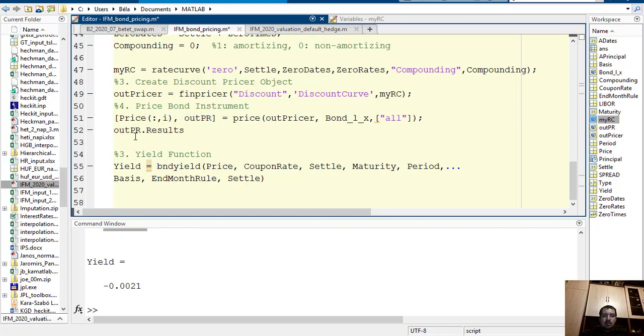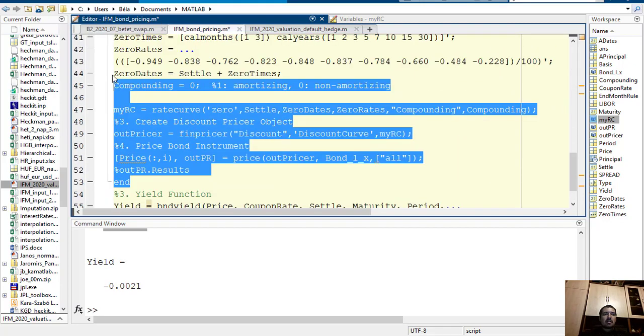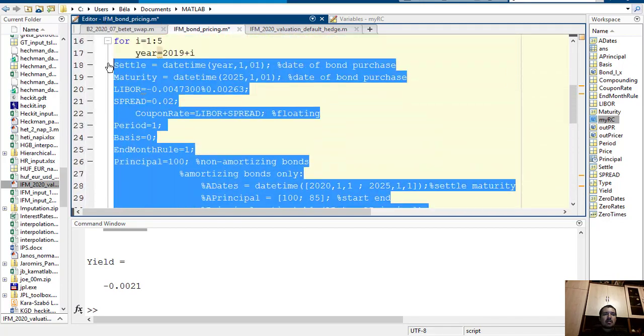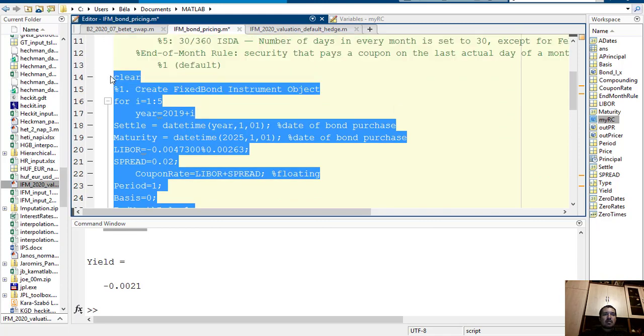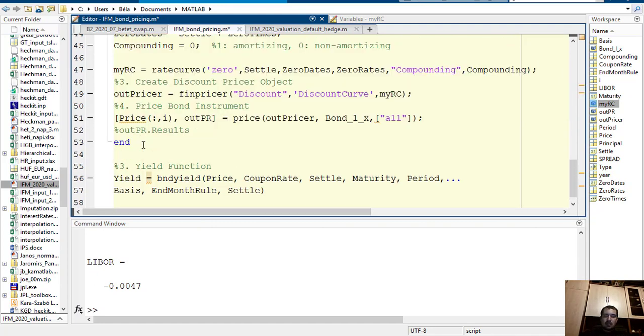Oh, we don't want this. Do we want to have the yields? No, it's not necessary. Good. Then let's see the price.